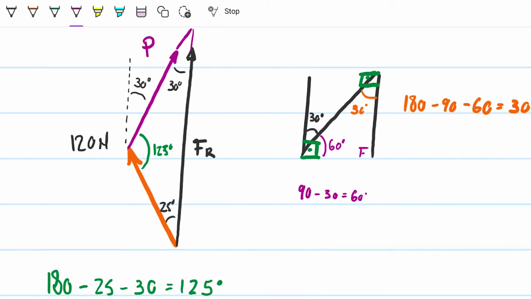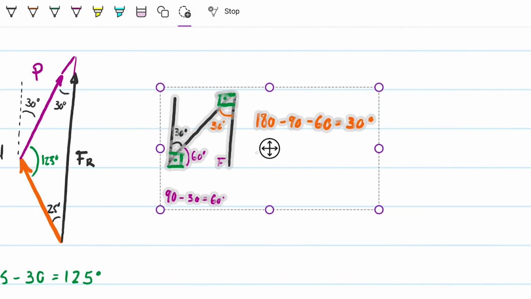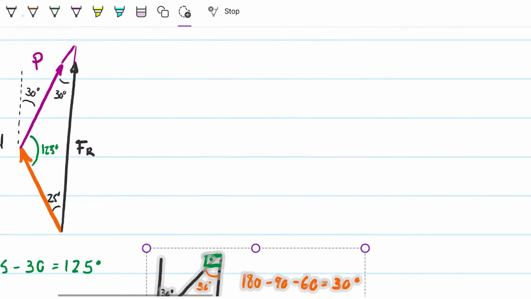And what do we know about the law of sines? We know that, let me just push this to the side so it doesn't get in our way. What do we know about the law of sines?